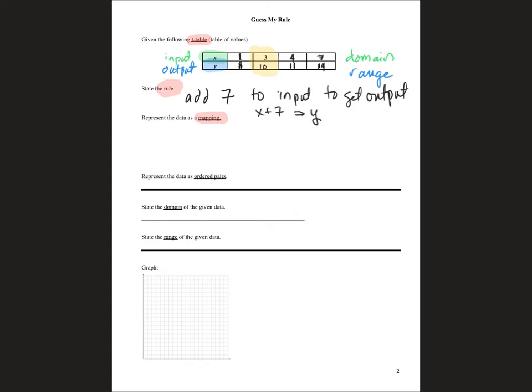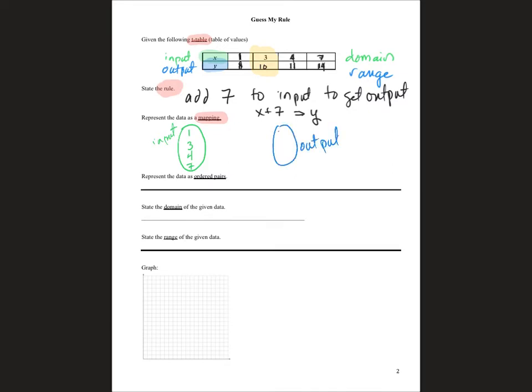Well, the way you write it as a mapping is you literally create little ovals or some shape. And I'm going to say every number I put in here is going to be an input value. So let's see, I have 1, I have 3, I have 4, I have 7. And then I'm going to draw another oval that represents my output, my range values.